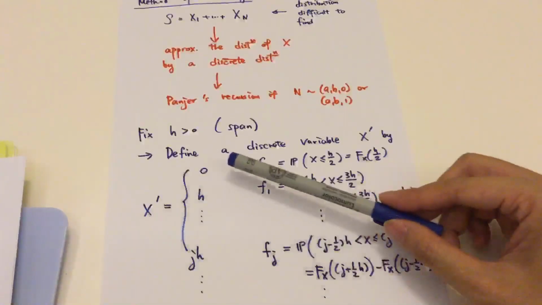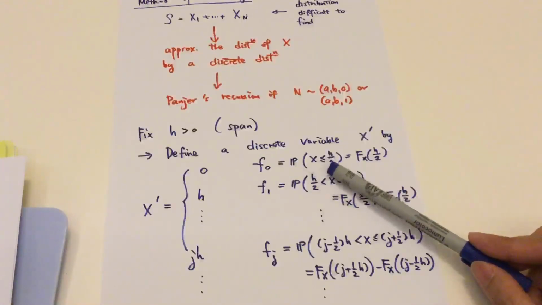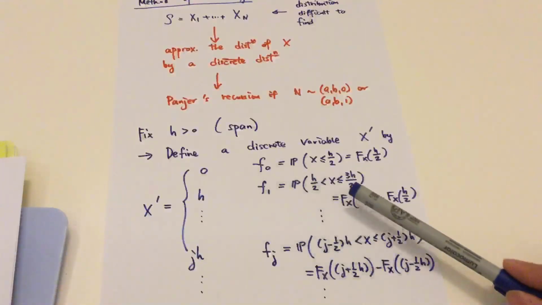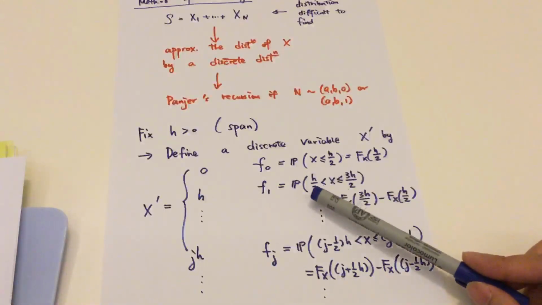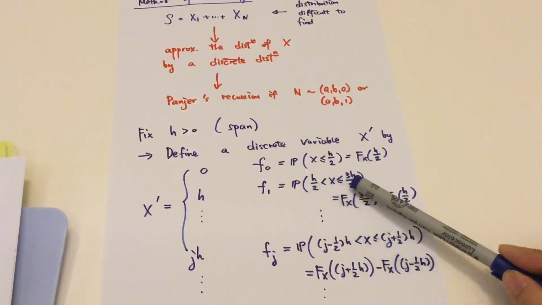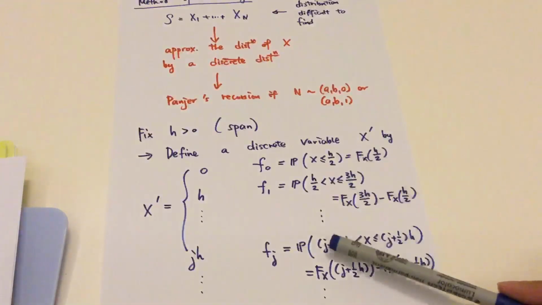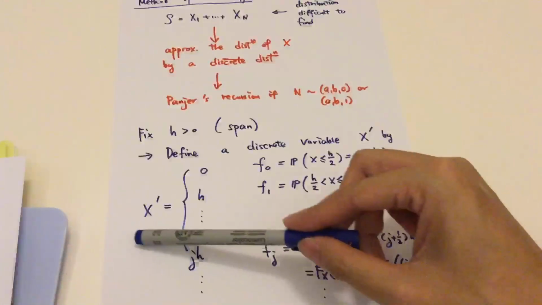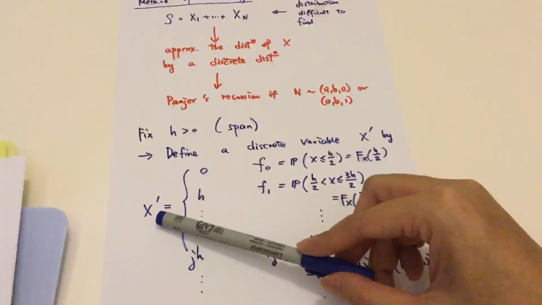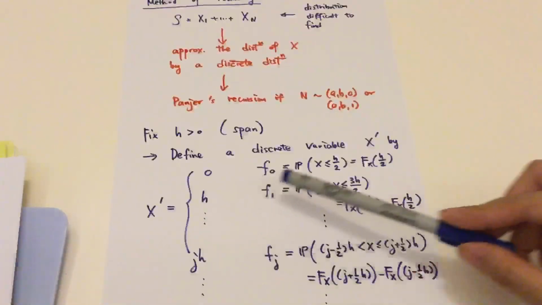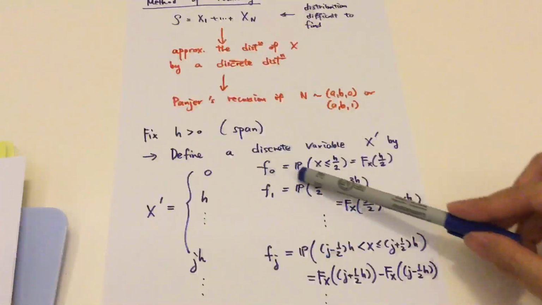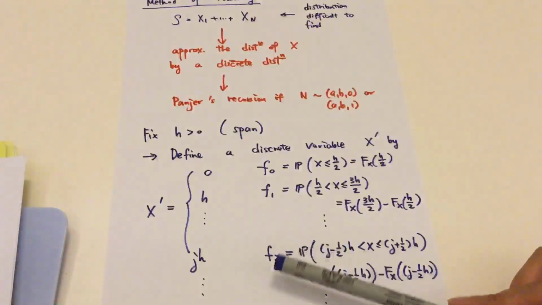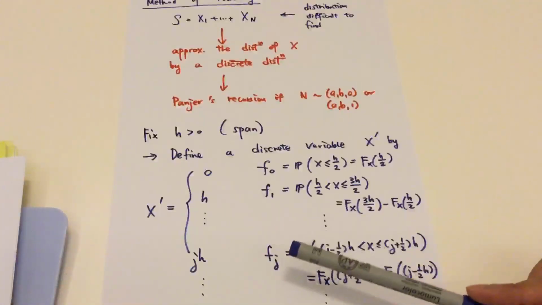X prime will be 0 whenever X is less than h over 2, and X prime equals h when X is between 0.5h and 1.5h, and so on. This is how we can apply the method of rounding to define a discrete variable X prime. You can see that if h becomes very small, then X prime will have a distribution very close to the original variable X.